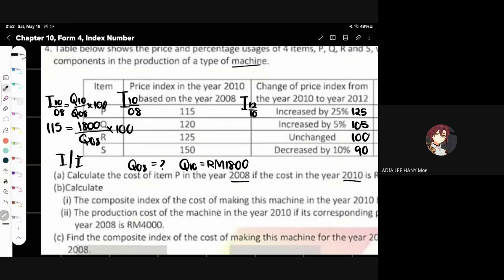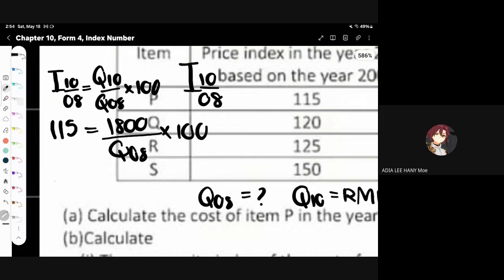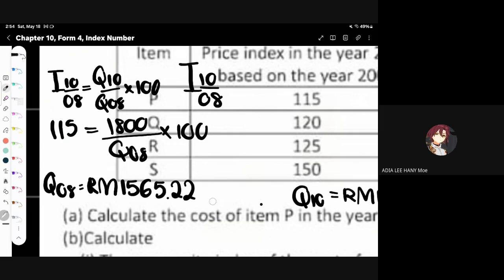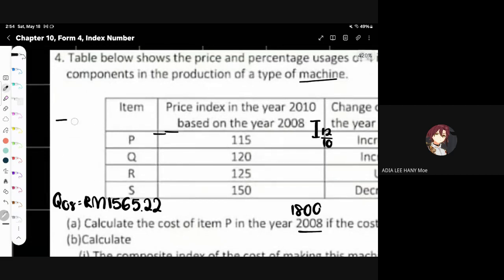Then on your calculator, 115 divided by 100, and then 1,800 divided by the answer. You should get Q08 equal to RM1565.22. Tada, we already found the value. Very simple, right?